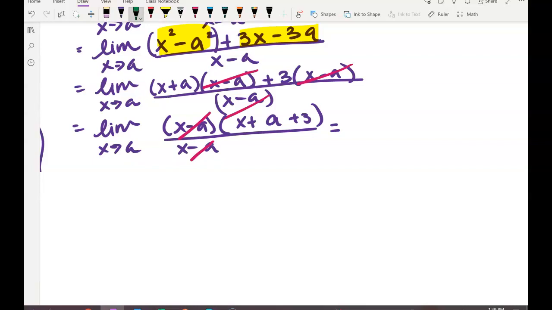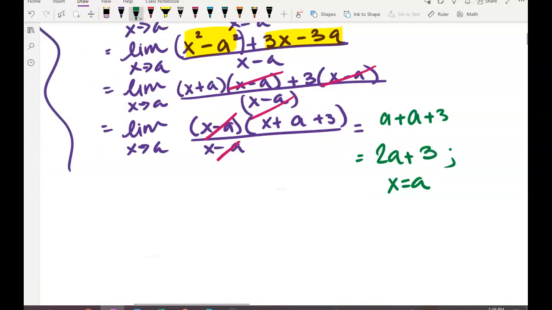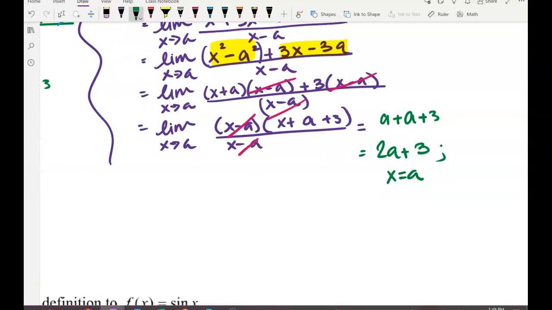So every time we see our x, we will plug in an a. So a plus a plus 3 all over 1, which is no longer there. So students, this is 2a plus 3. Now this is when we have x equal to a. So the derivative, f prime of x is 2a plus 3.